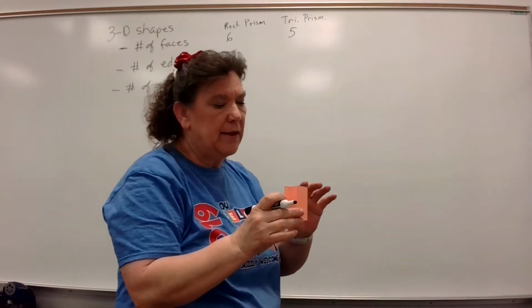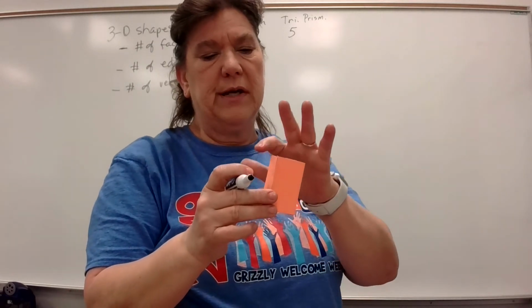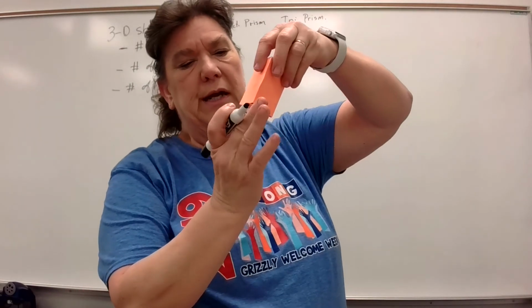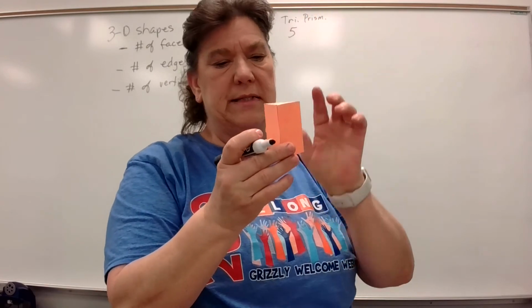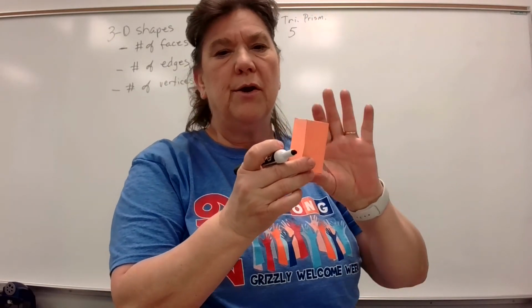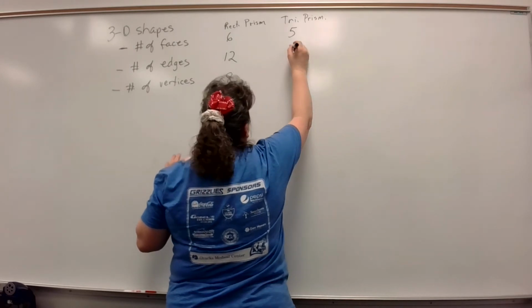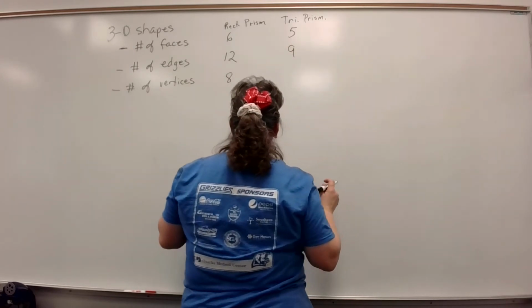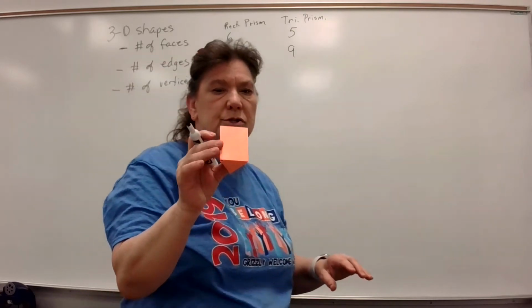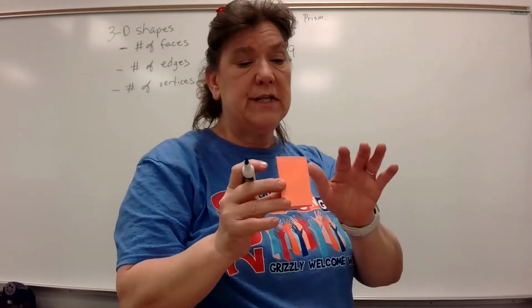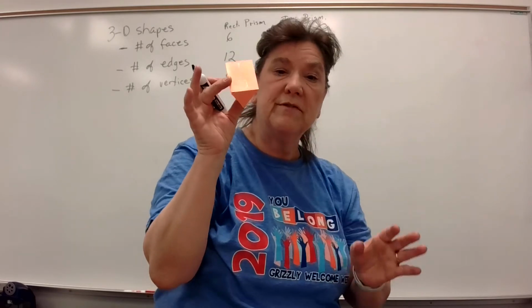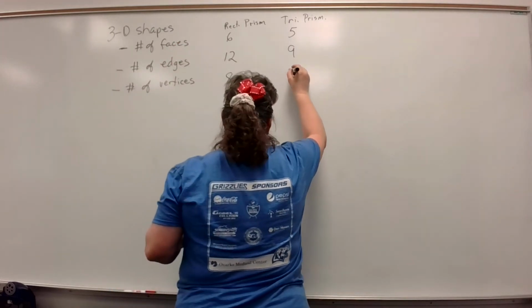As we look at the edges, you have 3 at the top, 3 at the bottom base, that makes 6, and 3 going around it. So we have 9 edges. And then as you look at the vertices, 1, 2, 3, 1, 2, 3, making a total of 6 vertices.